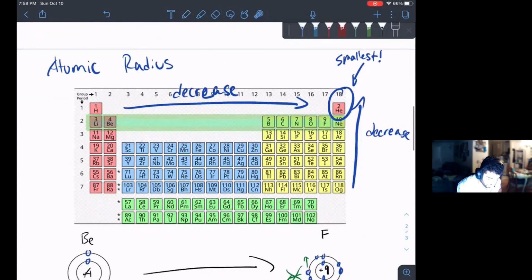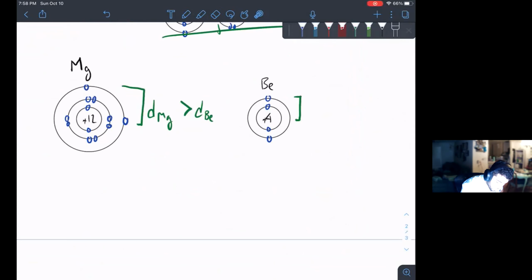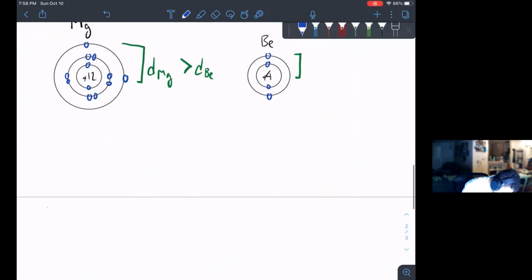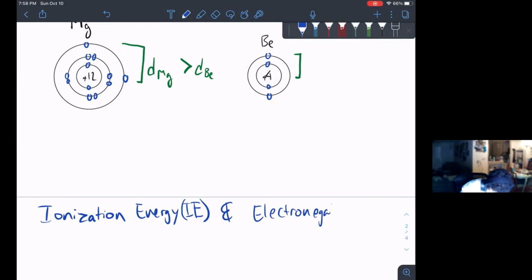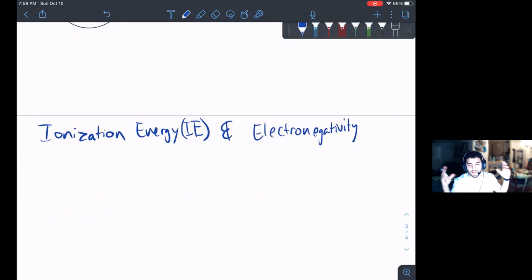force from the outside, is going to go ahead and explain our next trends, plural of ionization energy, just to shorten that to IE, and electronegativity. Both of these have to do with that force of attraction between the protons and the electrons.